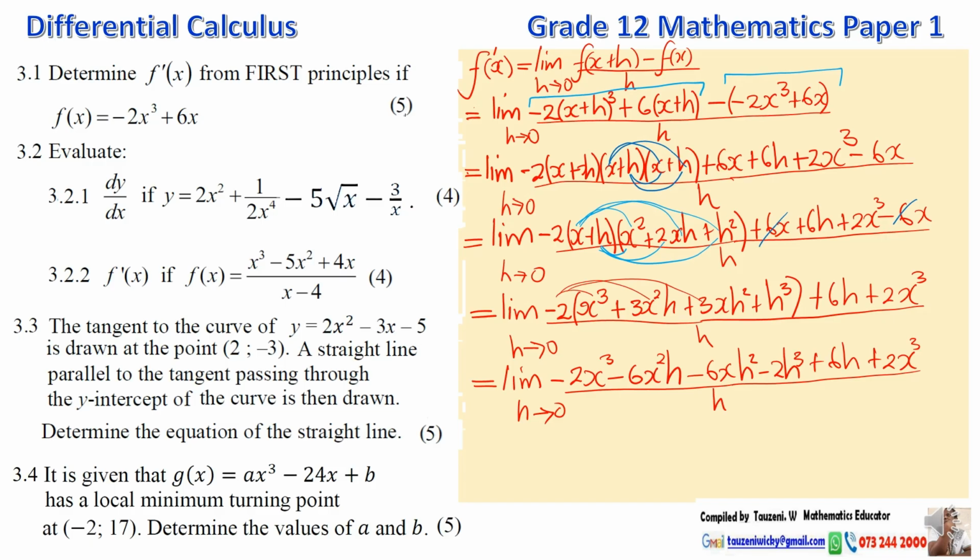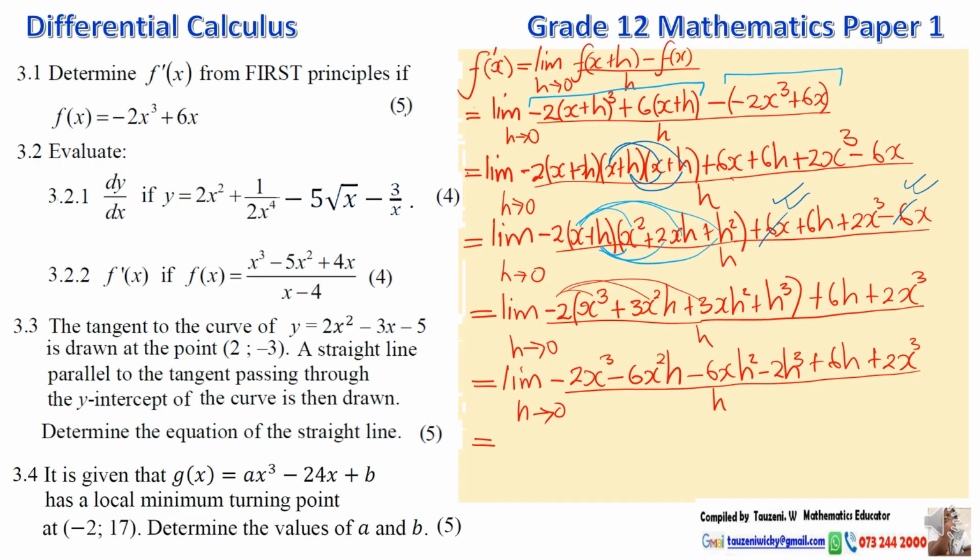Now, when I get to this stage after simplifying my expression, you can do a quick check to see that your answer is correct. The original terms that are in your expression, they must subtract each other. So remember, in steps 1, 2, 3 backwards, we got plus 2x minus 2x.